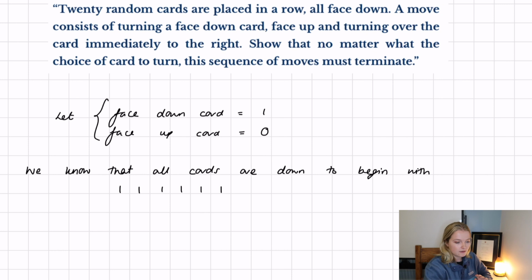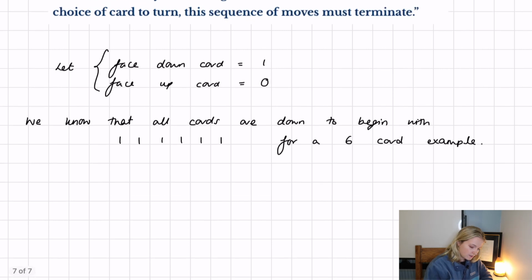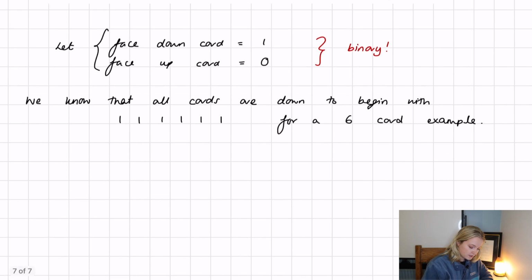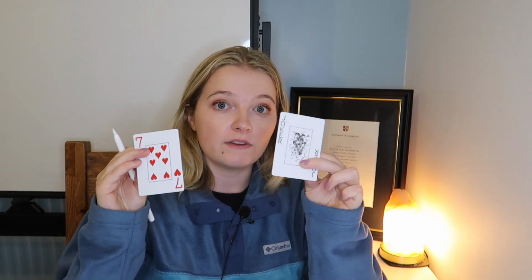Now, we can say that from there there are 3 types of moves. I'm just going to say that this is for a 6 card example, and this is binary. The first move is if we have both cards facing down and we're going to face them up.